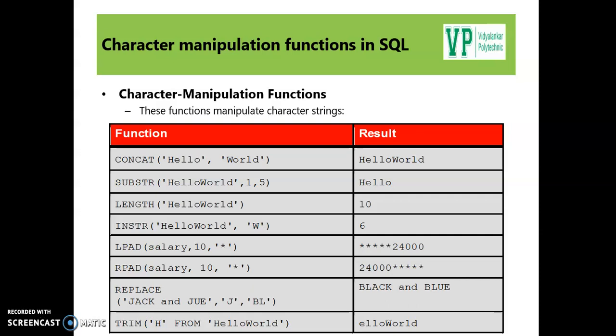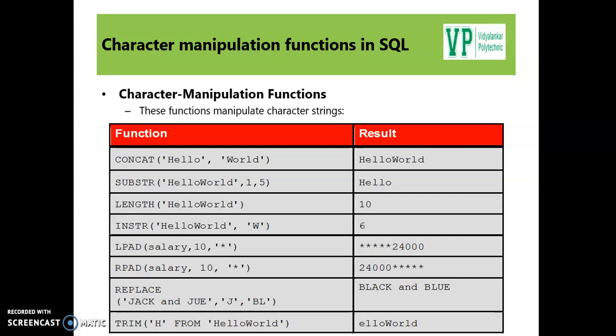INSTR, this is the next function. This is the in-string function. So what we are going to search in the input? The first argument is the input, that is hello world. And the second argument is the letter or pattern to be searched, or the position of the letter or pattern at a particular index.